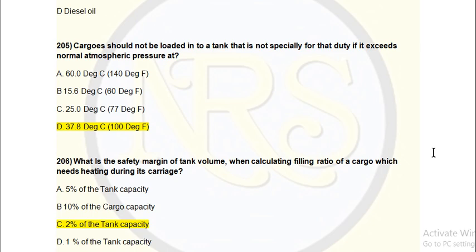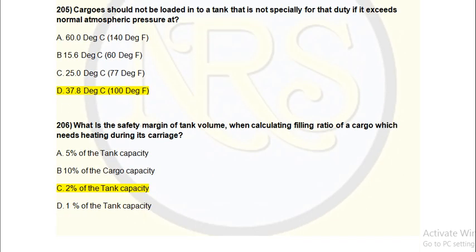Option C, 25 degrees Celsius or 77 degrees Fahrenheit. Option D, 37.8 degrees Celsius or 100 degrees Fahrenheit. The correct answer for question number 205 is option D, 37.8 degrees Celsius or 100 degrees Fahrenheit. It is easy to remember, 100 degrees Fahrenheit. So for question number 205, D is the correct answer.